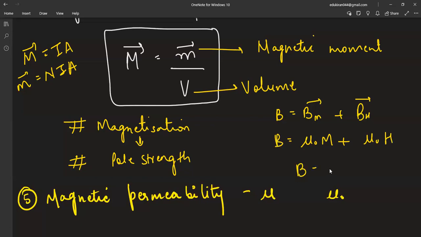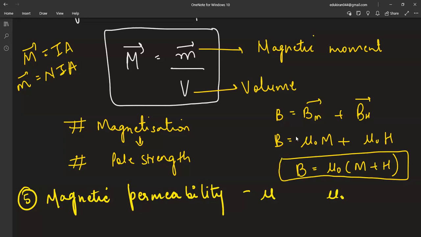Somewhere you will require this formula also. Taking mu not as common, mu not times m plus h. More than a numerical, this comes as a question: what is the relation between intensity of magnetization and magnetic field intensity? Then you just have to show these steps.